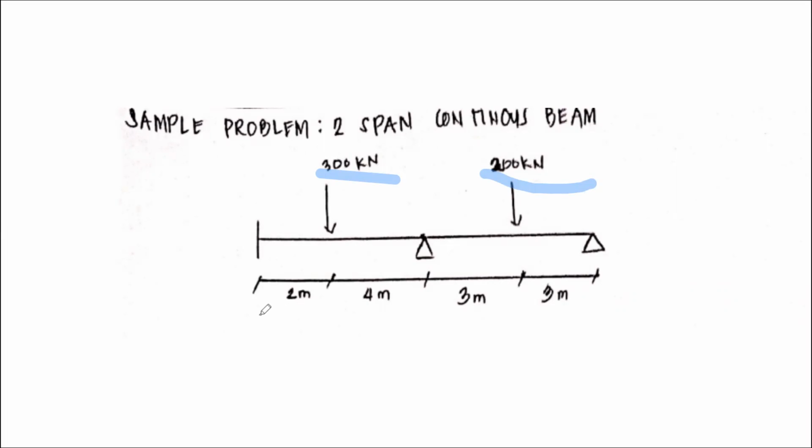Then these are the following distances. Next, kailangan natin i-divide siya sa dalawa, kasi dalawang span to. Span A and span B.